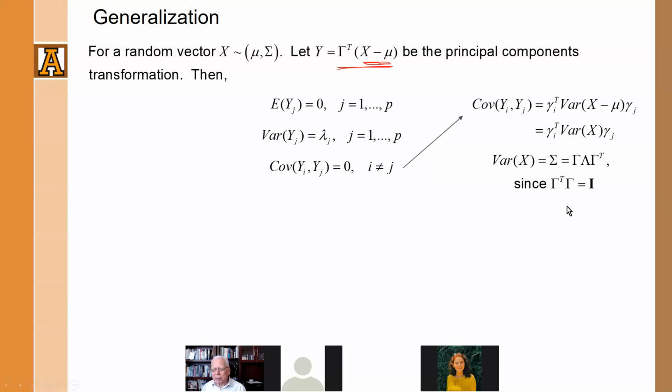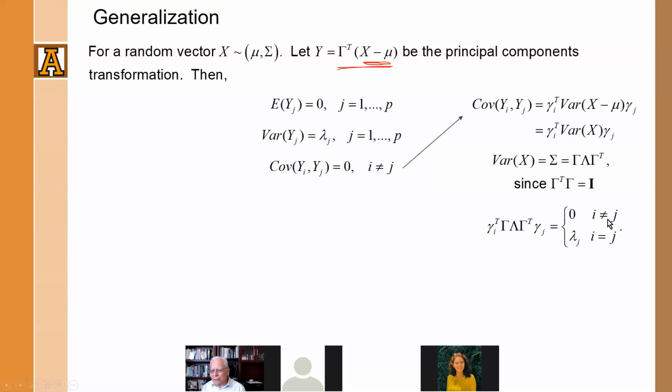So now I replace this variance of X in the above equation, and what we get is that gamma i transpose variance of X times gamma j is gamma i transpose gamma lambda gamma transpose gamma sub j.